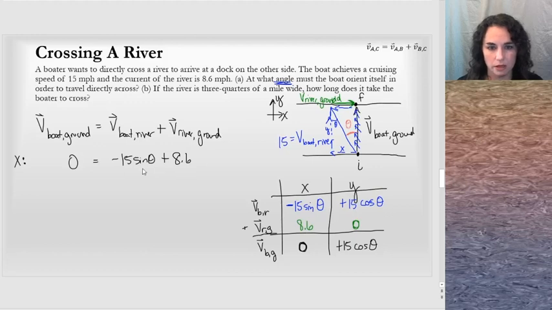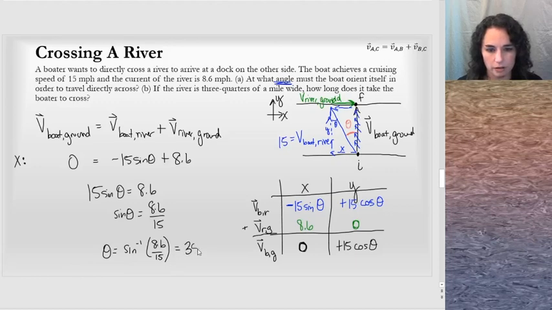This becomes a linear equation where I can solve with an inverse sine, right? 15 sine theta equals 8.6. Sine theta equals 8.6 divided by 15, and I can pop out theta. Theta equals the inverse sine of 8.6 over 15, and when you plug that into your calculator, you get 35 degrees.